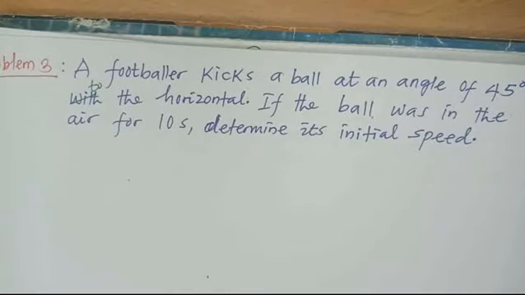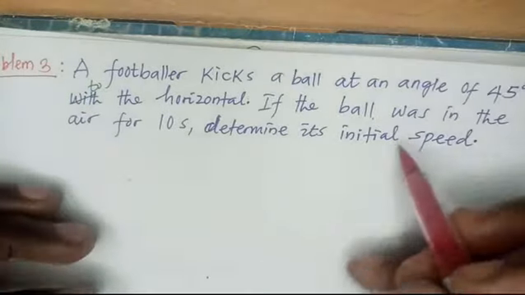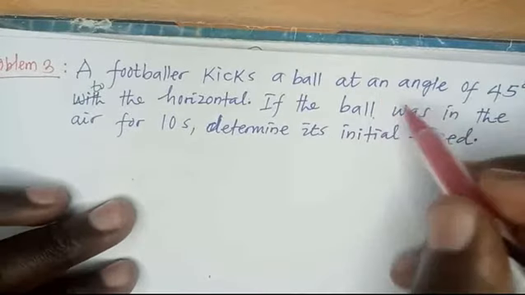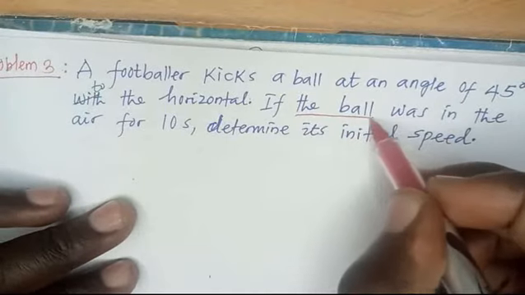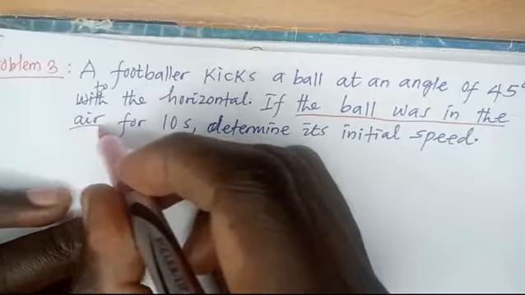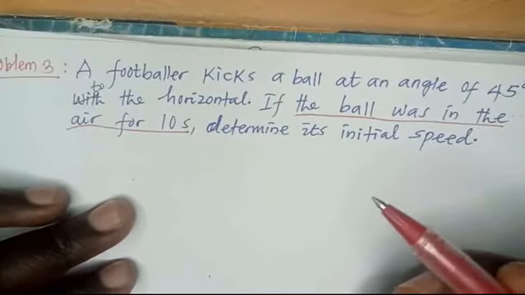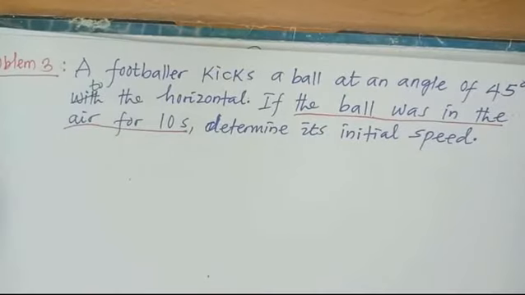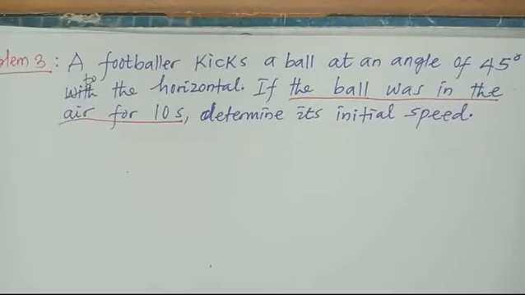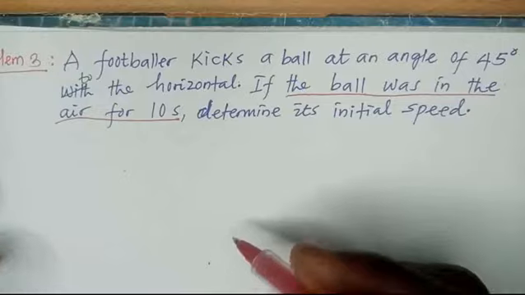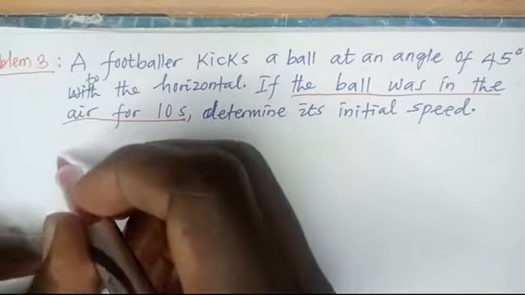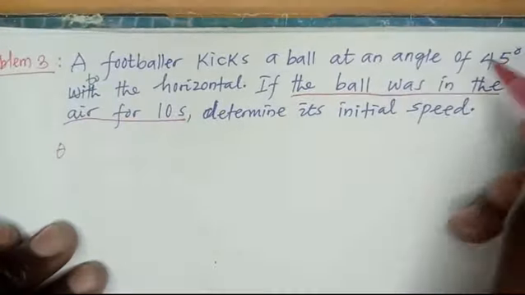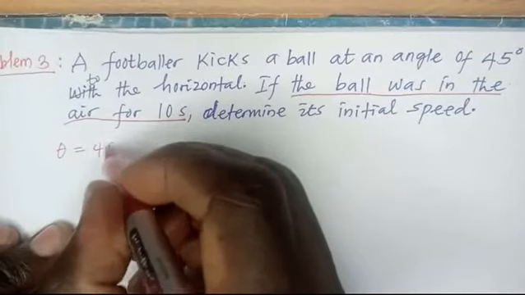This statement is another statement for the time of flight. If the ball was in the air for 10 seconds, that's the time of flight, so your capital T is 10 seconds. Here you don't even have to draw anything. Your angle of projection theta is 45 degrees.